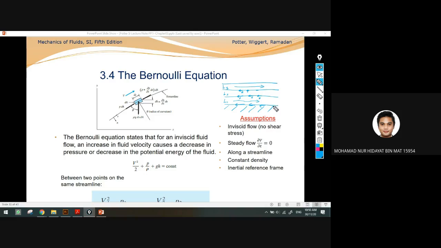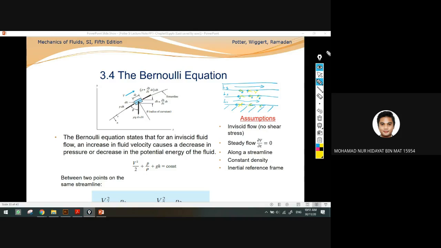That is what we call no shear stress: if there is no shear stress, the flow has no shear. You can see the arrow here. This is the shear. When there is no shear, there is no arrow at all. The flow is smooth. So that's why the assumption of Bernoulli is no shear stress.